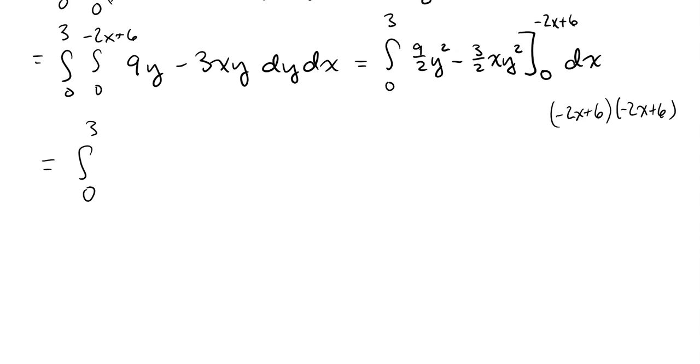So multiplied by itself, we can do that on the side. So we'll end up with 4x squared minus 12x minus another 12x and then plus 36. So we're going to get 4x squared minus 24x plus 36 there.